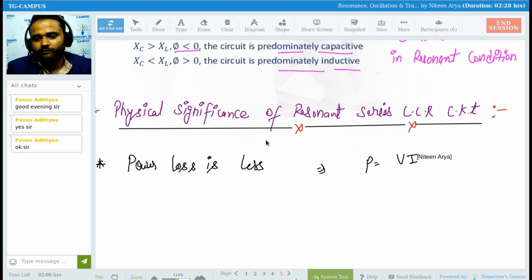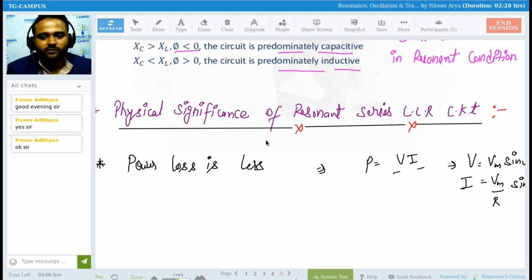Power equals VI. V is maximum, I is maximum. V is Vm sin omega t, and I is Vm by R sin omega t, so I becomes Im sin omega t.